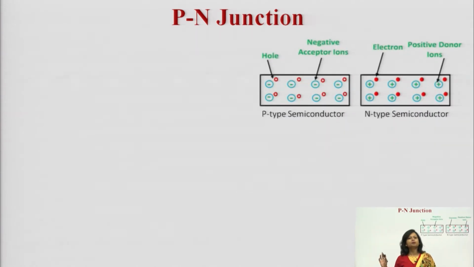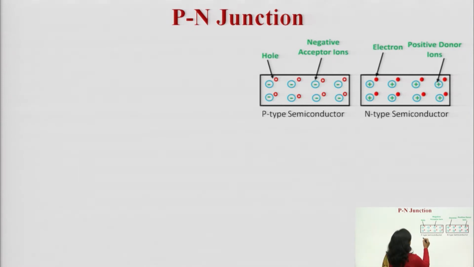Before telling you about the PN junction, let us recap the extrinsic semiconductor. There are two types: N-type semiconductor and P-type semiconductor. Depending upon which type of impurity is added, the type of semiconductor is formed.